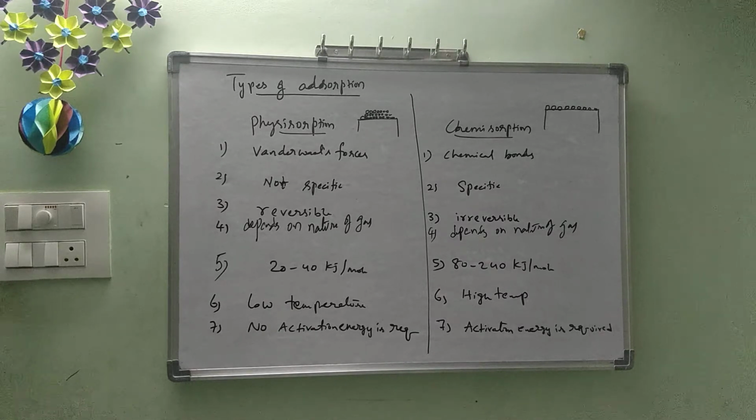We cut them so that the inside is also in contact with the gravy, then it will be boiled and the curry prepared nicely. Otherwise only the surface will be in contact with the gravy. Final point, physisorption results into multimolecular layers, as in the diagram I drew. Chemisorption results into unimolecular layer. This is the comparison between physisorption and chemisorption.